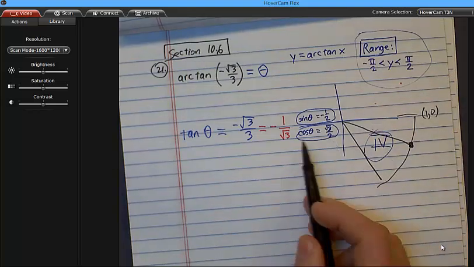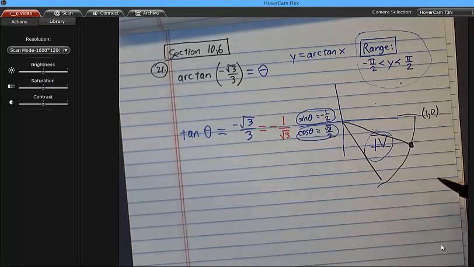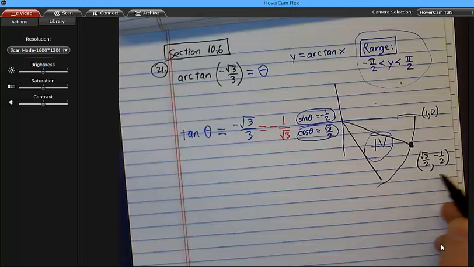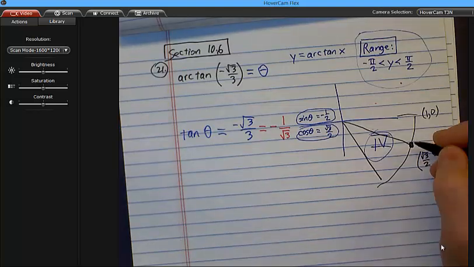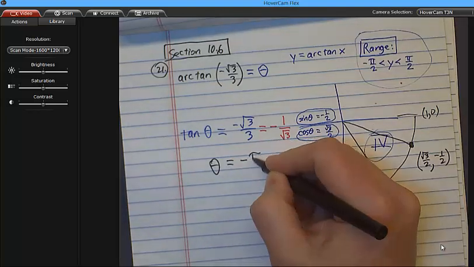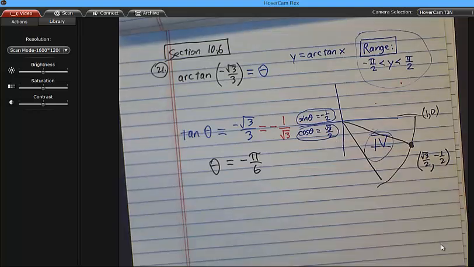I remember that radical 3 over 2 in the cosine direction is bigger than negative 1/2, which is the sine. Does that make sense what I just did? And so now I just have to say, what angle is that? Well, theta is negative pi over 6. Did you follow that?